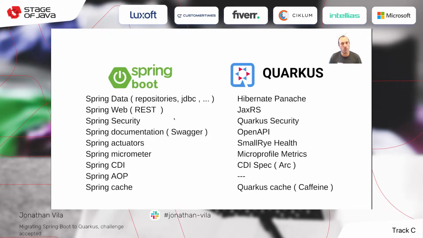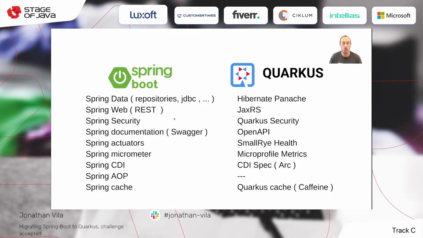So what do we need to use in Quarkus? Instead of Spring Data, we are going to use Hibernate Panache. Instead of Spring Web, JAX-RS; Quarkus Security, OpenAPI, SmallRye Health, MicroProfile Metrics, the CDI spec, and Quarkus Cache.